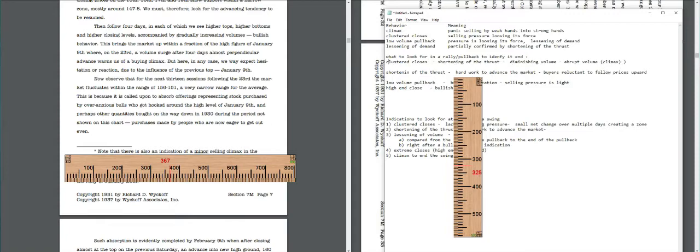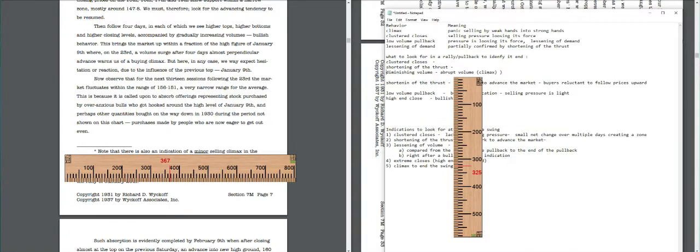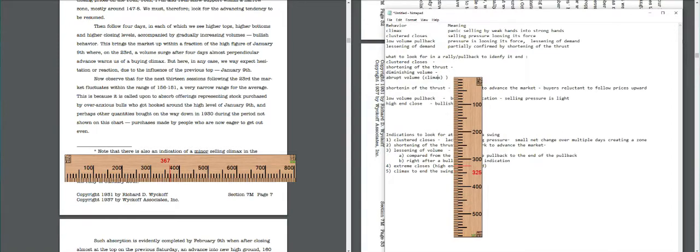Let's make it simple. Shortening of the thrust, abrupt volume. So the question now is, what do you look for in determining that the rally or pullback is ending?